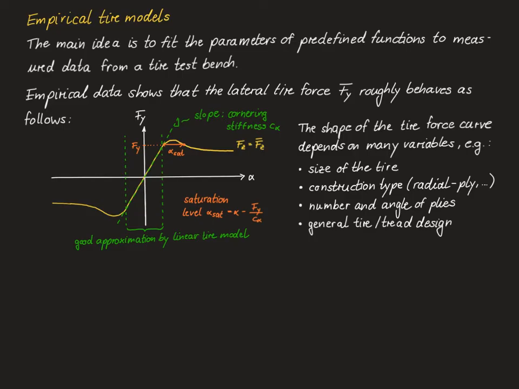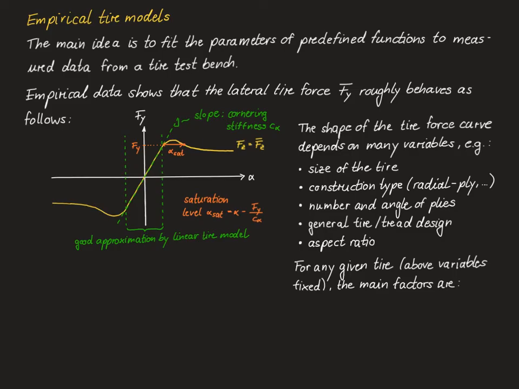A very important variable is, of course, the aspect ratio of the tire. The smaller the aspect ratio, the more stiff the tire will be. For any given tire, the main factors are the inflation pressure of the tire and the load on the tire given by the vertical force Fz.